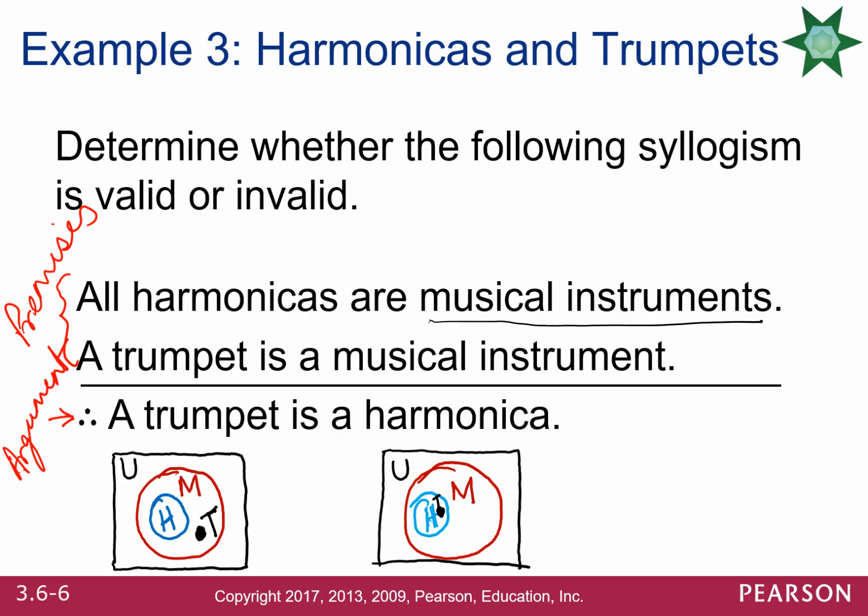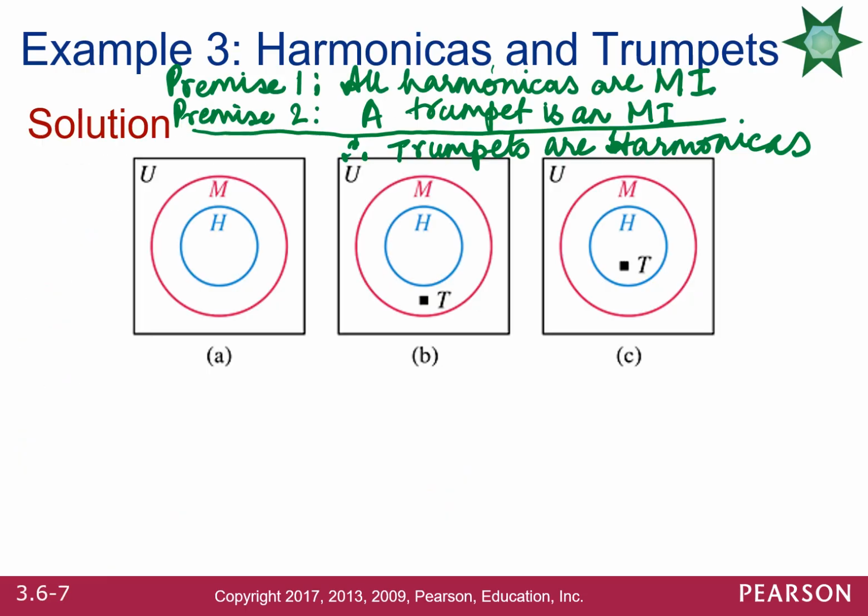This is an invalid argument because it does not match the diagram we got from the two premises. All right. So next we are going to look into the solution and see if they have come up with the same conclusion, and if they have worked it the same way as we have using the Euler diagram.